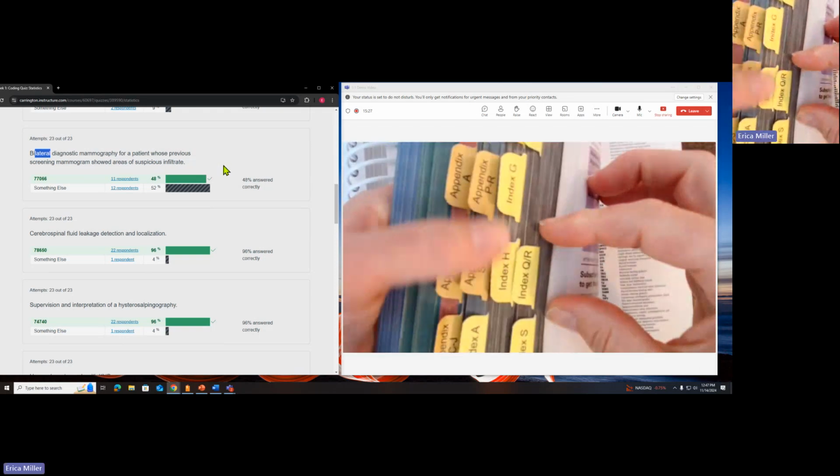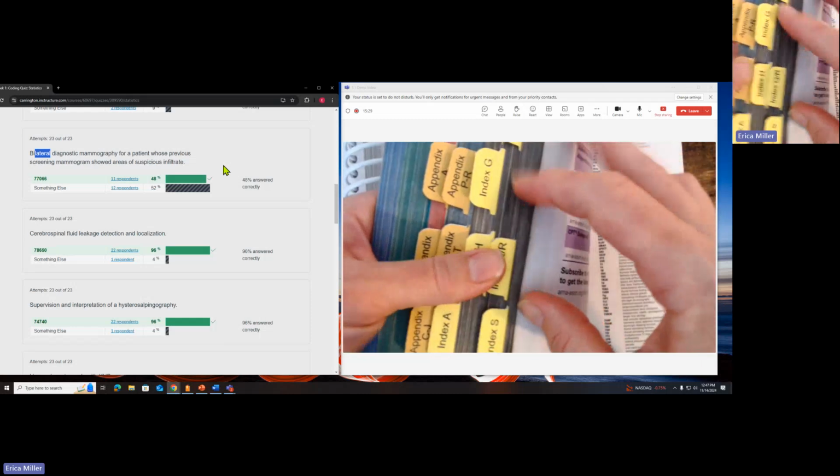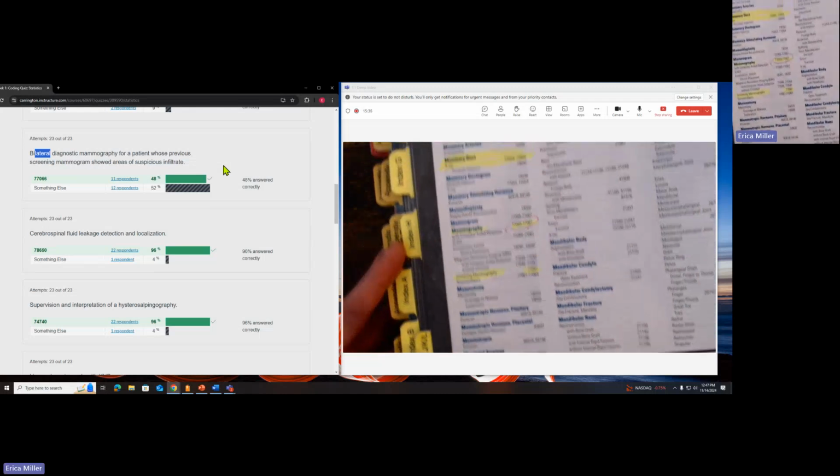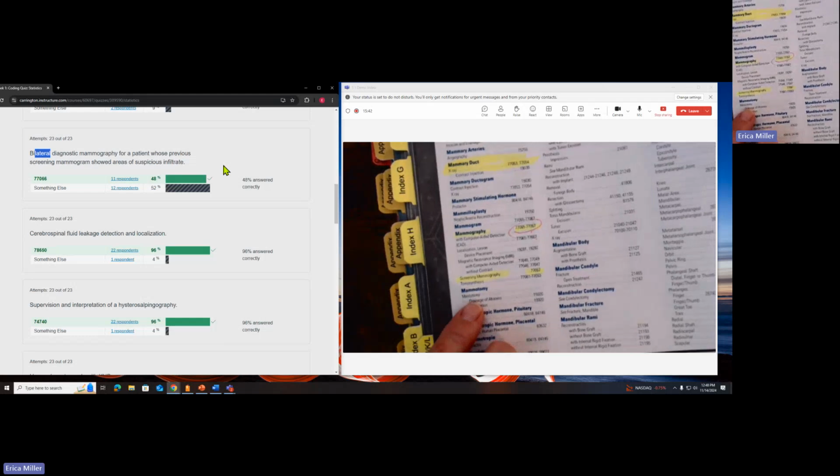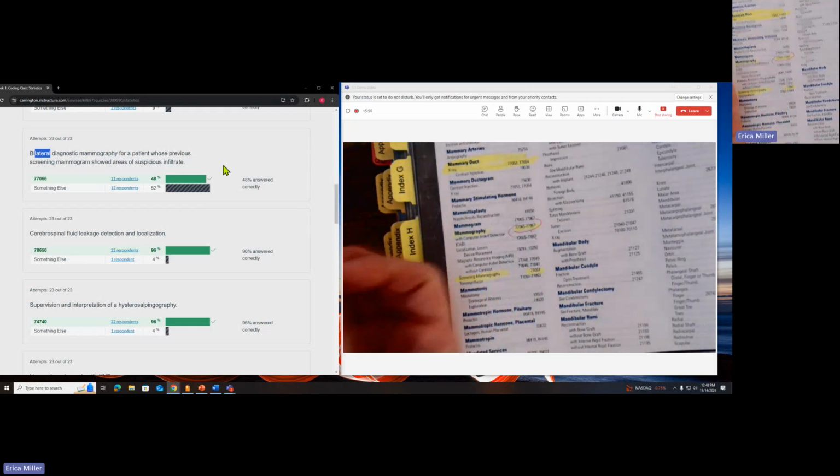Okay, so head on over to mammogram, right? That is the service that was provided. Once you get over there to mammogram, you're going to look through these and you don't see one that actually specifies diagnostic. There's with computer aided detection, localization, there's your screening, but I don't see the keyword diagnostic.